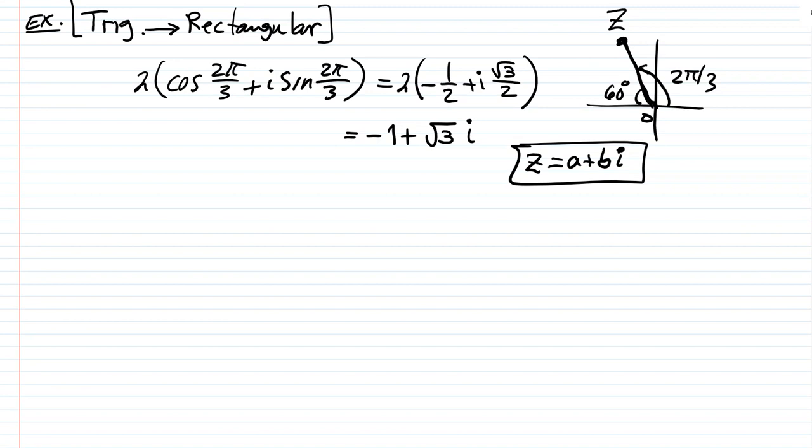Now let's try one where this time I'm going to do something with the exponential form. Suppose I have 4 times e to the i, and then I don't know, 7 pi over 4. This time we're going to go from exponential form to Cartesian. Remember, Cartesian and rectangular are the same thing.